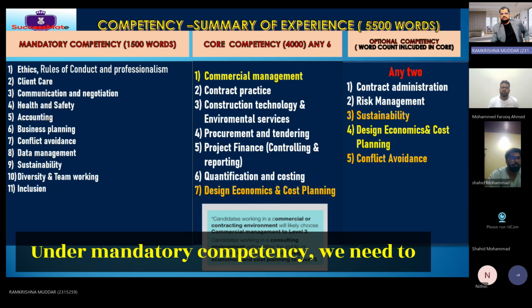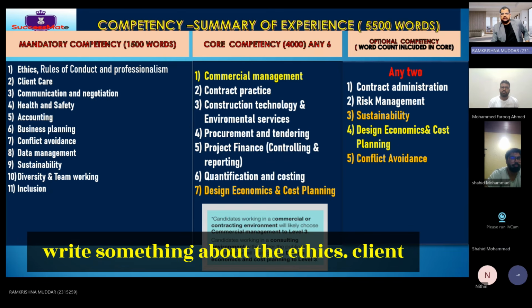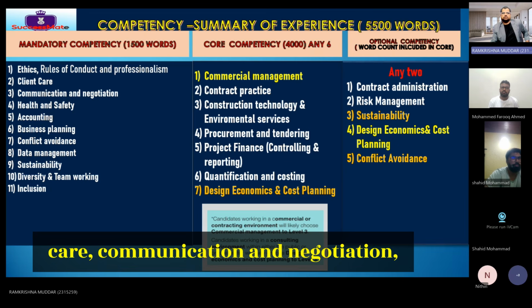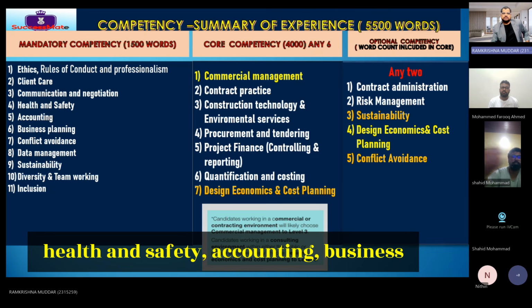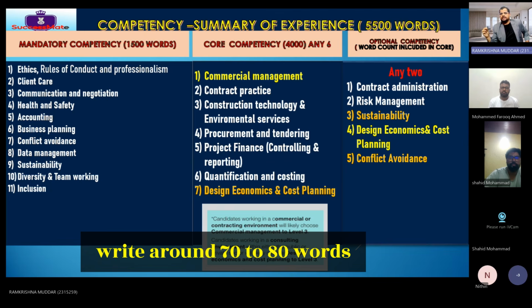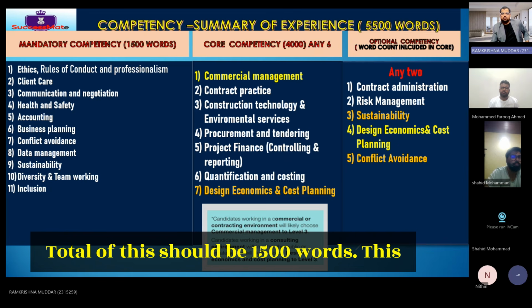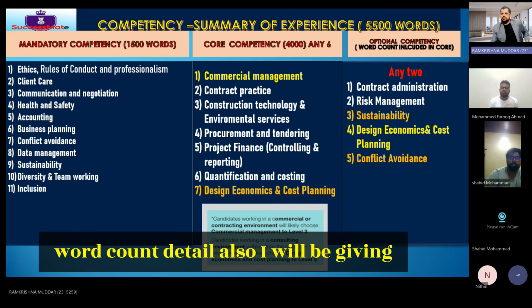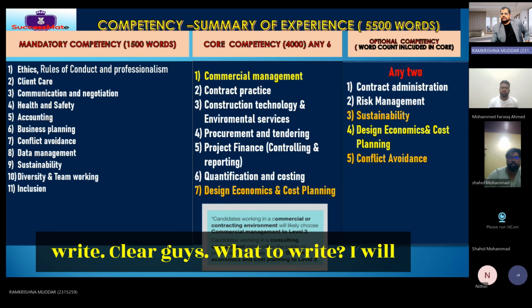Under mandatory competency, we need to write about ethics, client care, communication and negotiation, health and safety, accounting, and business principles. For each mandatory competency we need to write around 70 to 80 words. The total should be 1,500 words. I will also give you this word count detail and what you need to write.